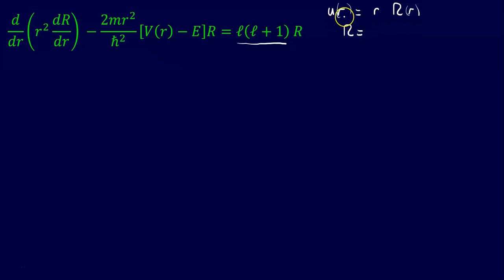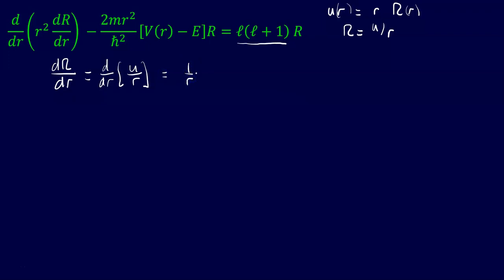And so if we just drop the as a function of, then our big R will be u divided by r. And so what we can do is go through and just simplify this a little bit. It's really just about cleaning it up. It's not even an essential thing to do. So if I write d big R with respect to r, then what I'm doing is I'm taking the first derivative of the function u divided by the variable r.